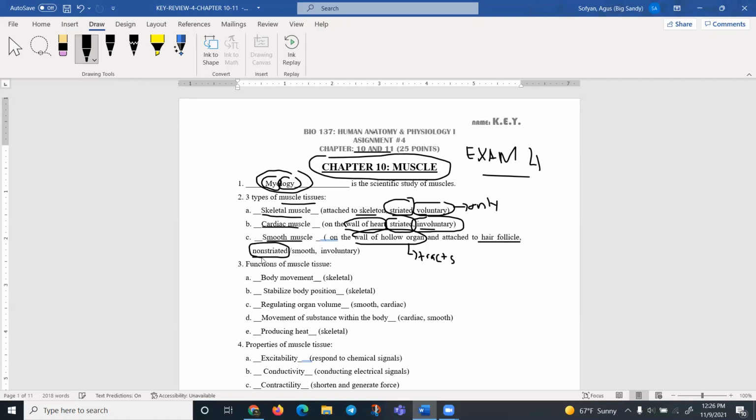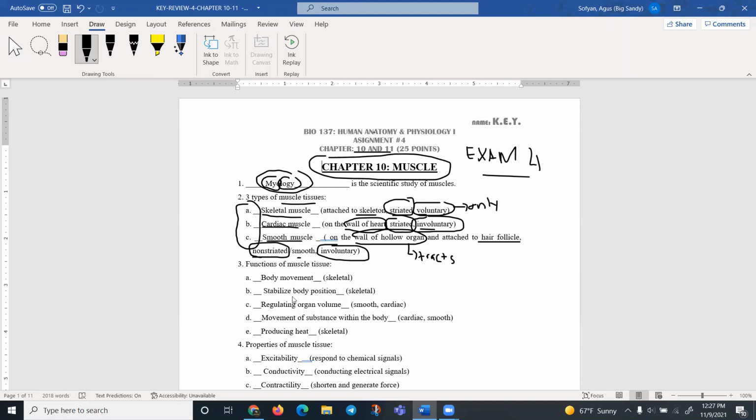So this is smooth, non-striated. And it is also involuntary. Just like the cardiac muscle, you cannot control the contraction of this smooth muscle. So make sure you know the differences between these 3 types of muscle for your exam. Which one has stripes? Which one is voluntary, for example?